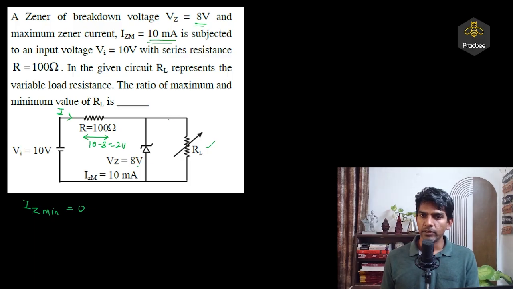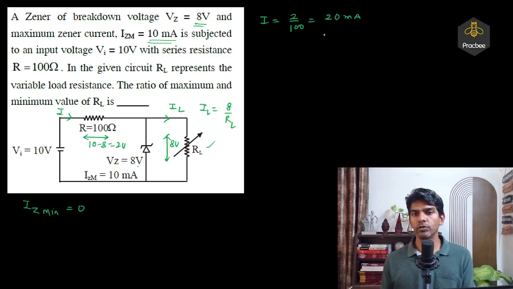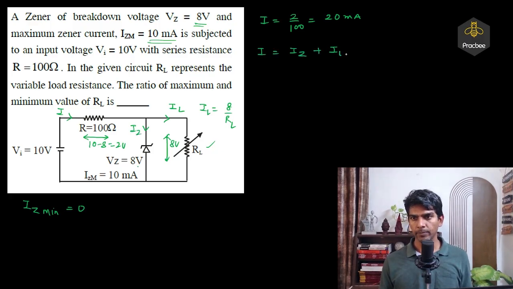So let us write down the load current. So across this the voltage will be 8 volt, so load current will be 8 over RL, and input current will be 2 over 100, so that comes out to be 20 milliampere. So we got the input current, we know the load current, and Zener current can vary from 0 to 10 milliampere. So I is equals to Iz plus IL.